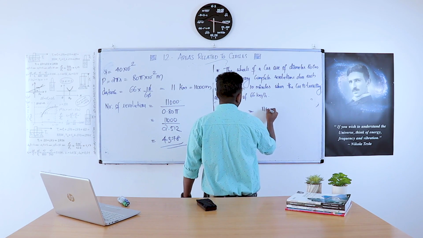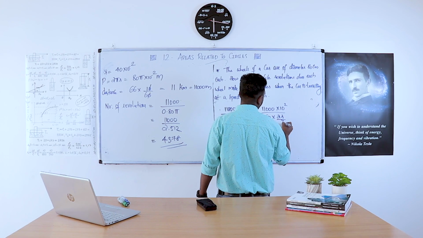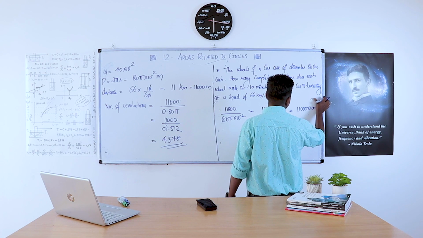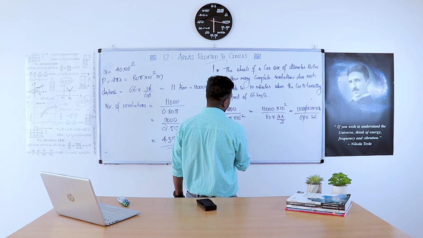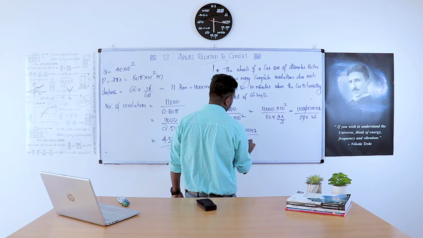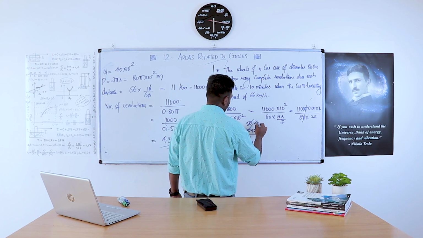That is 11,000 into 10 square divided by 80 into 22 by 7. This 7 goes to the numerator. 11,000 into 10 square is 100 into 7 divided by 80 into 22. 0 cancels. Then it becomes 1,100 into 100 into 7 divided by 8 into 22. 22 can be cancelled. It becomes 11, 50. Then 8 can be cancelled. 4, 25.